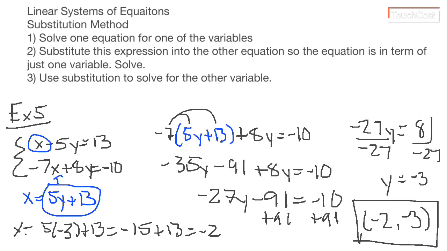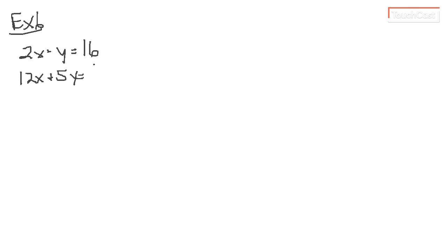Let's look at number 6 in our packet. We're going to have 2x minus y equals 16, and 12x plus 5 equals 6y.